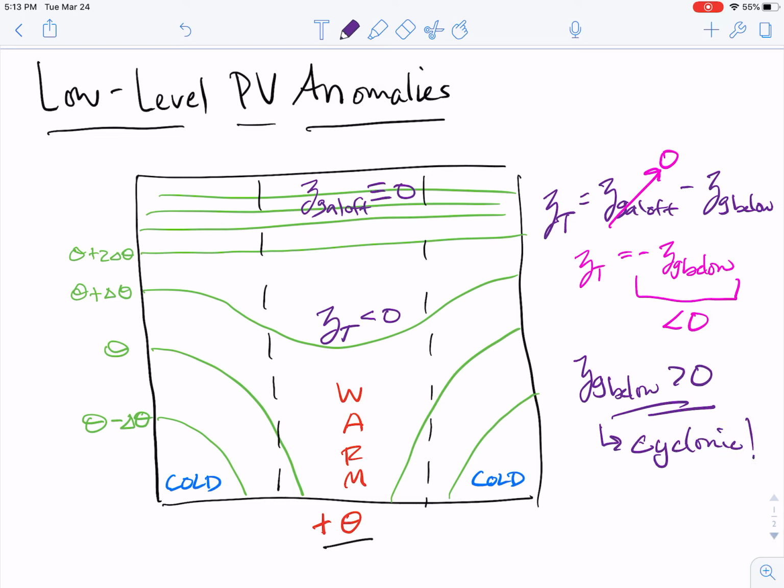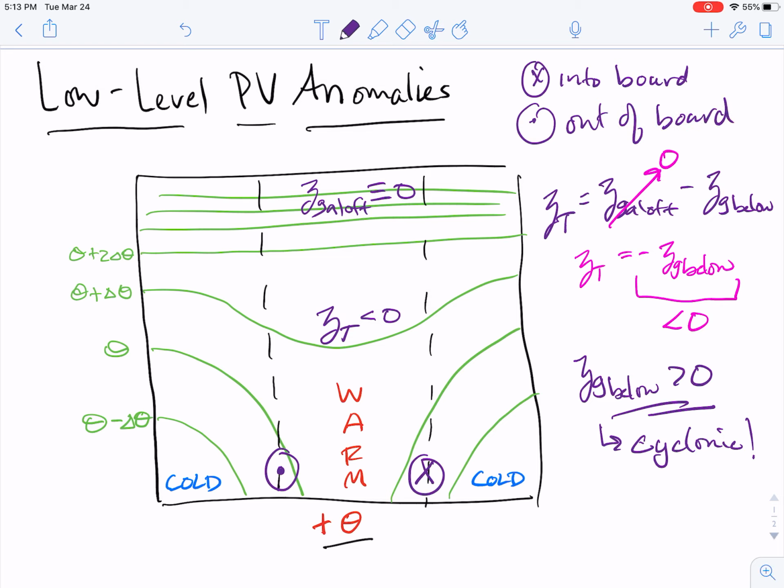So we can draw in some cyclonic flow relative to our positive theta anomaly, x into the board, dot out of the board, and we'll annotate that up here, x being into board and our dot being out of board, or out of page as the case may be here.